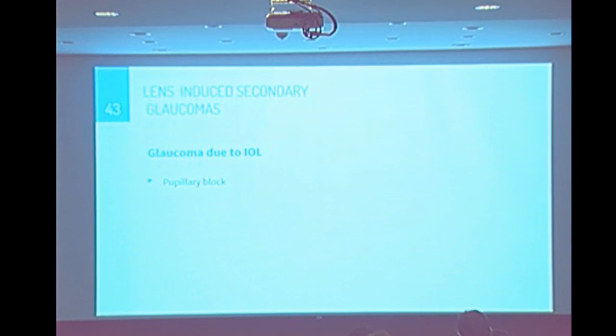And I'm sure they are more common in the camps in Africa and other places, where you will see more and more of these types of cataract and complications of neglected cataract.